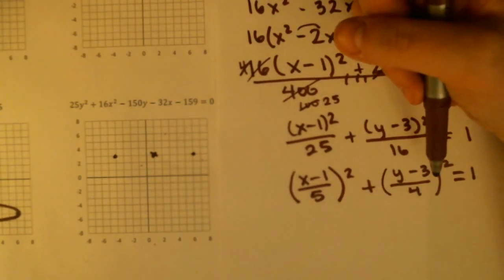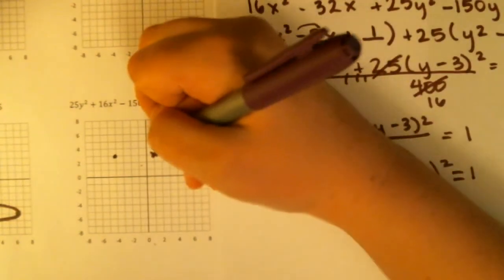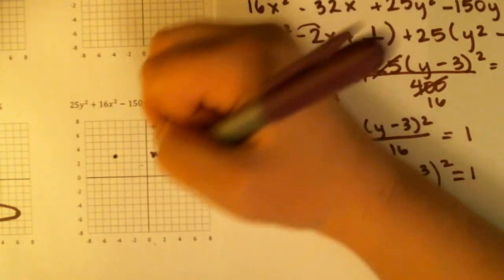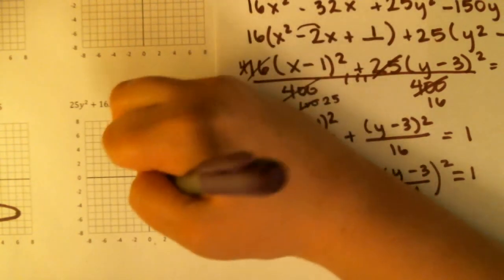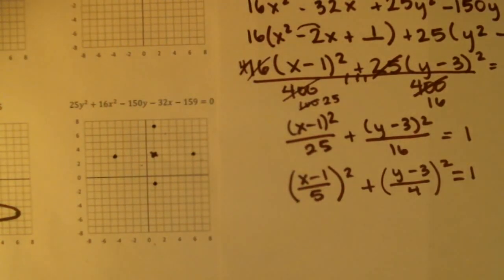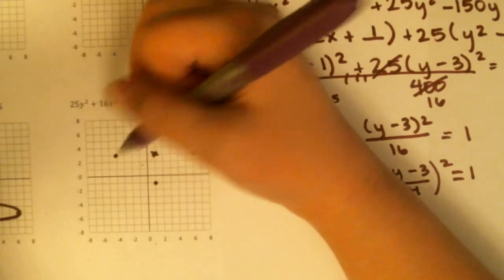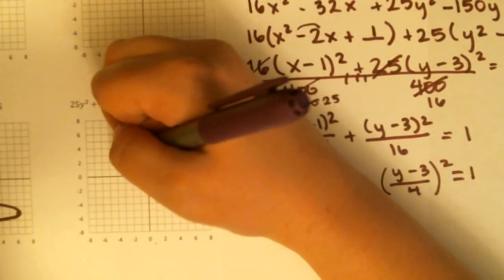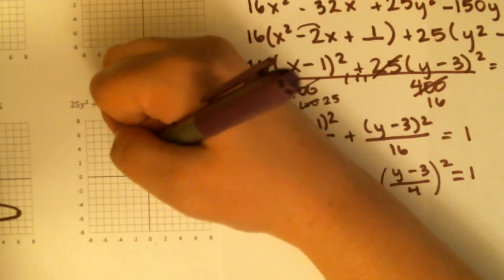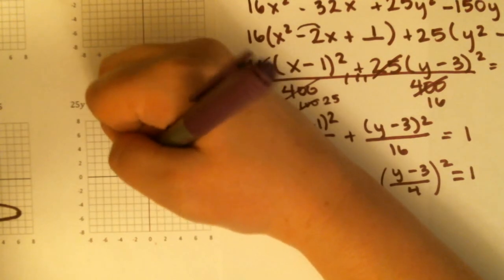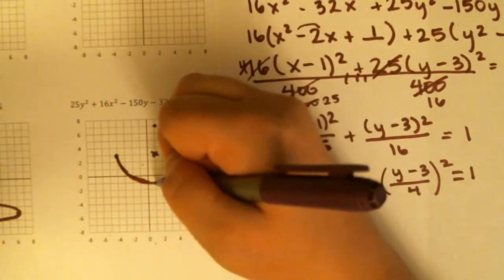And then I need to go up and down 4. So 1, 2, 3, 4, 1, 2, 3, 4. Okay, so it's not too weirdly stretched out to become a more dramatic looking ellipse. It's close to being a circle, but not quite. It's a little bit wider than it is tall.